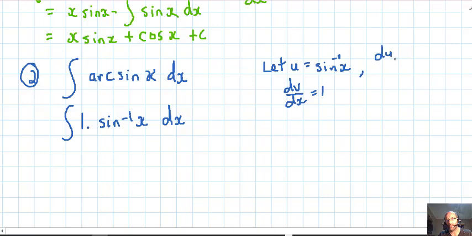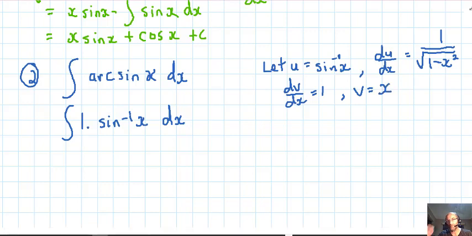So du dx is 1 over the square root of 1 minus x squared from our recent work, and v is x. We don't worry about constants at this stage.